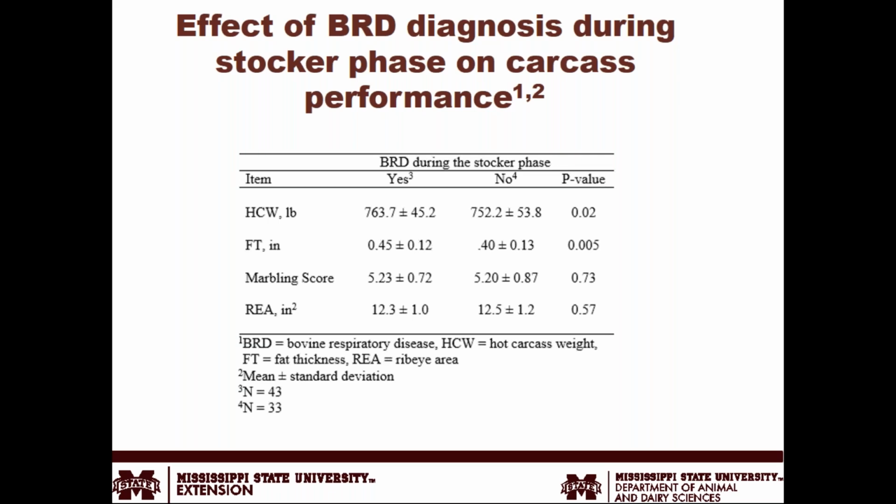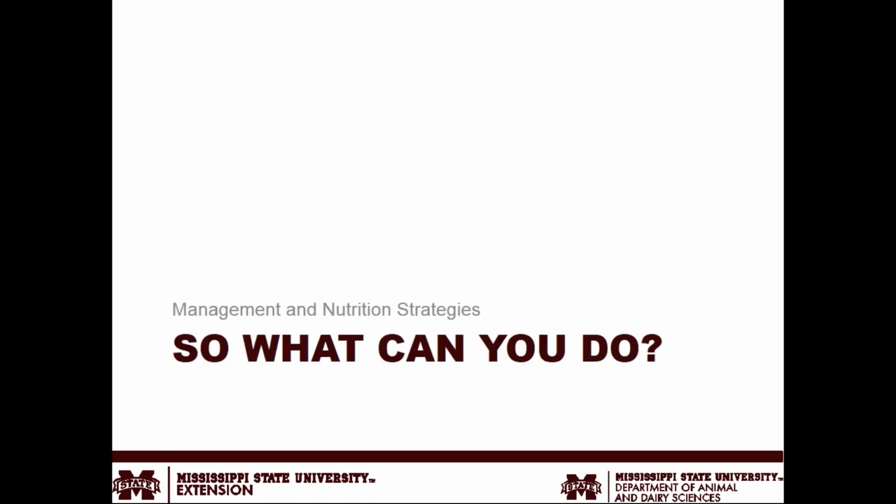So if we talk about it in terms of carcass performance, you'll notice these cattle were fed to essentially an eyeball test of fat thickness. So about 4 to 5/10 an inch of fat is what we were targeting, and those guys did a really good job projecting those cattle to this point. You'll notice the cattle that were sick during the stocker phase actually had a little bit heavier hot carcass weight and a little bit more fat thickness compared to those cattle that did not get sick during the stocker phase.